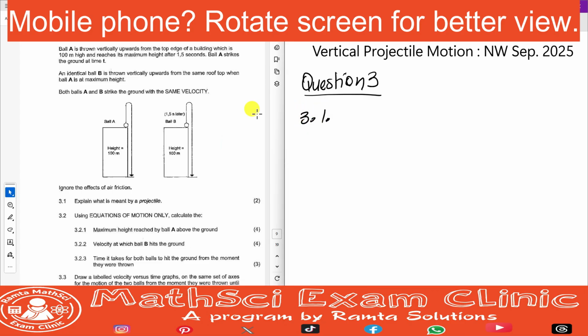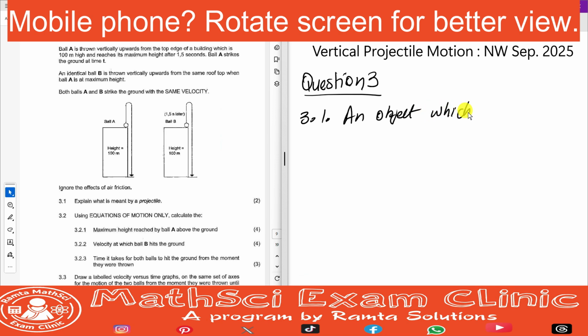A projectile is basically an object upon which the only force acting is the force of gravity. But your definition says it is an object given an initial velocity, all right?